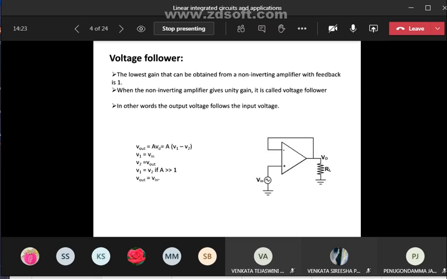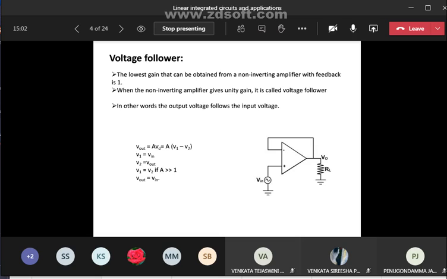In the last session we discussed the voltage follower. In this circuit, V0, the output voltage, equals the input voltage. The lowest gain that can be obtained from a non-inverting amplifier with feedback is 1.